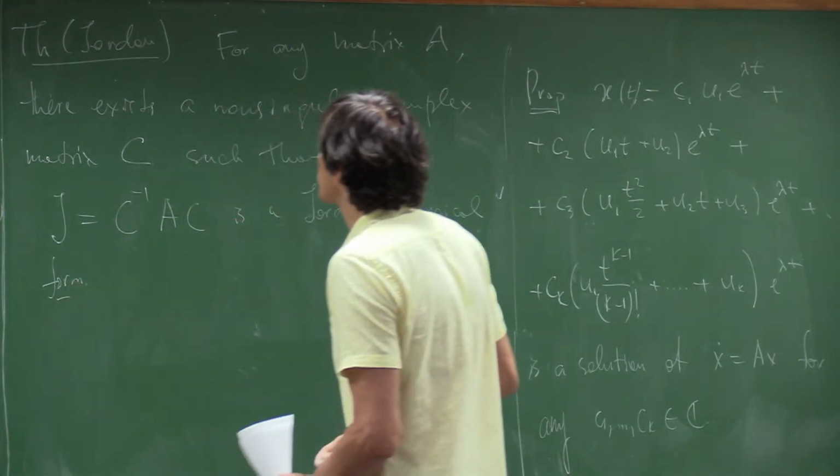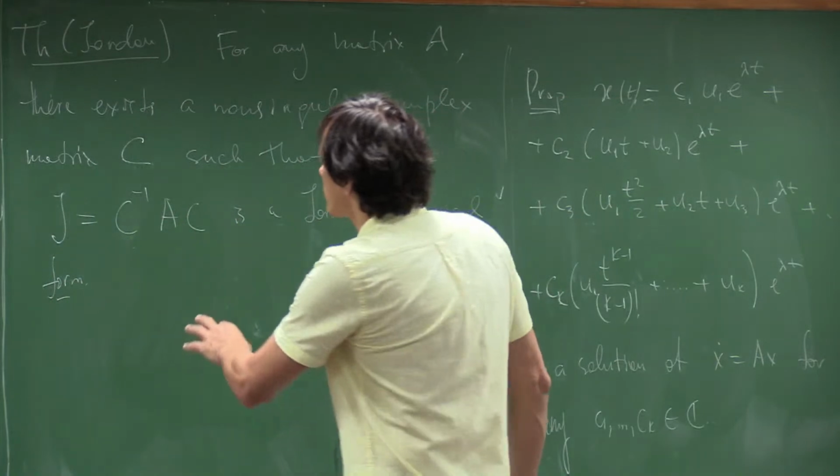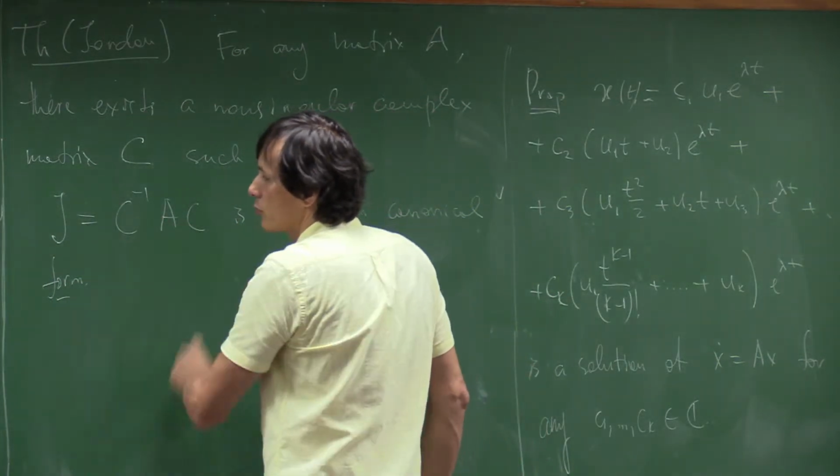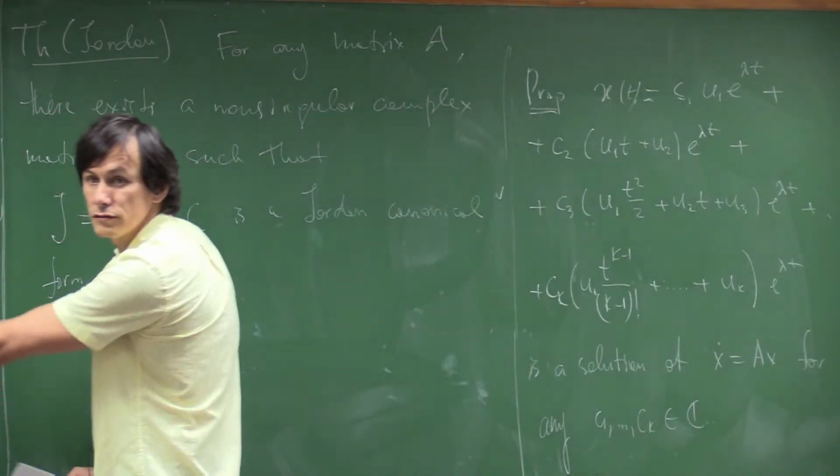So actually what the theorem proves is that you can find this matrix C such that if you multiply from both sides, the result will have this structure.